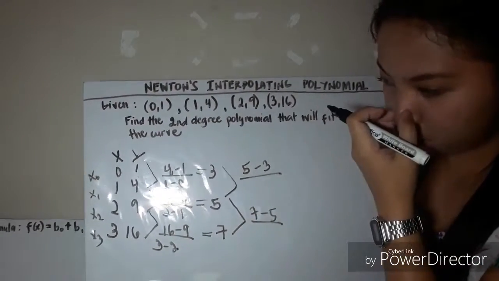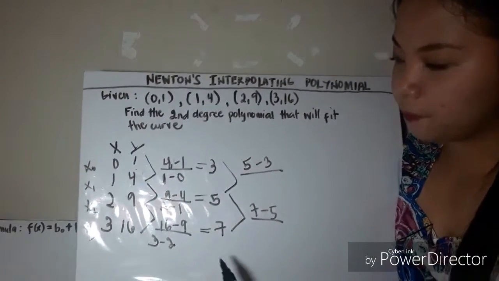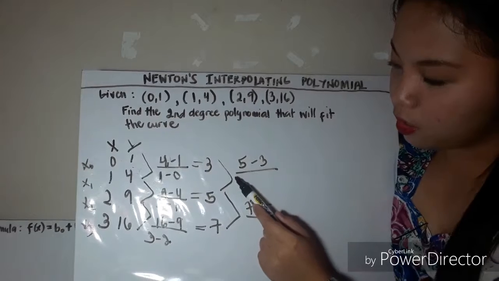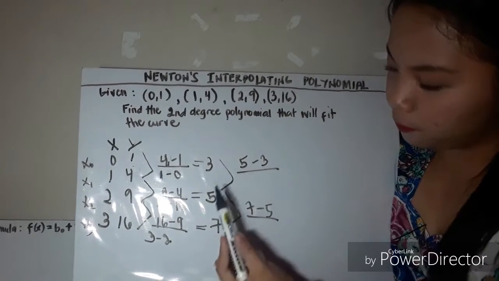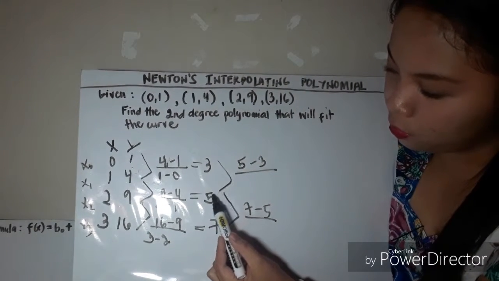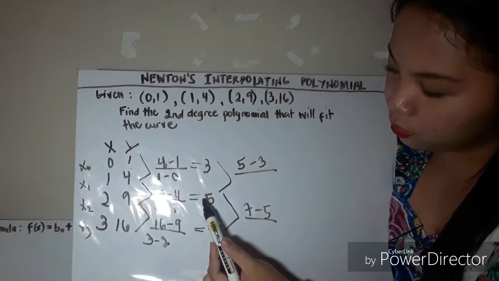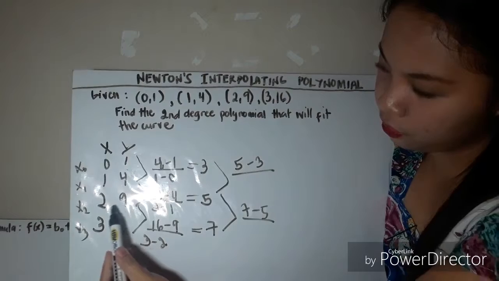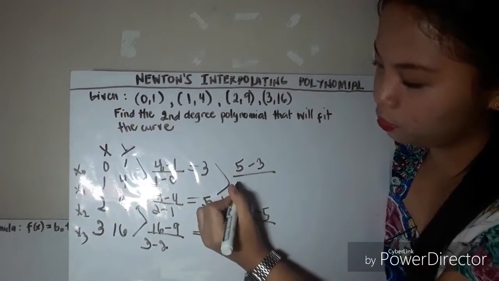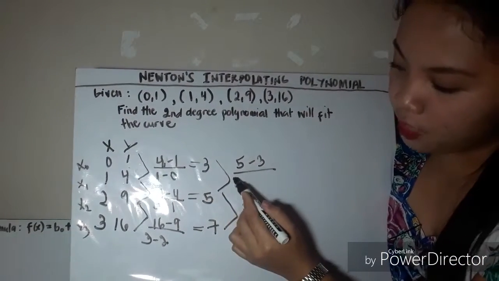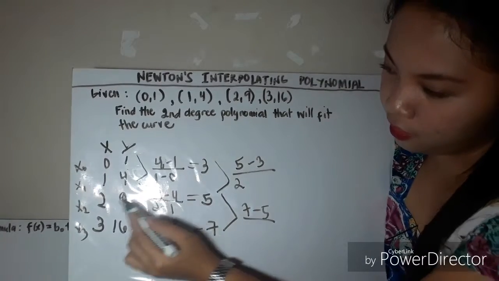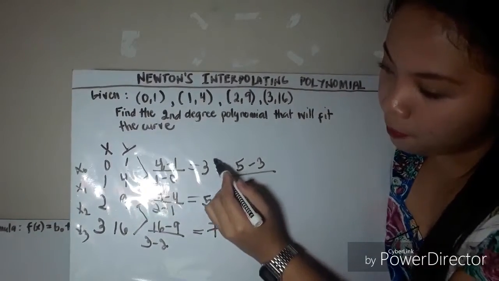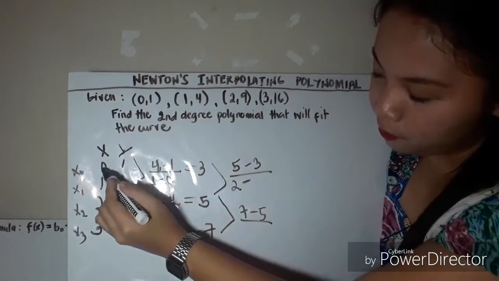To get the denominator, this is the pattern. Remember, to get this, down, left, down, so 2, minus up, left, up, so 0.